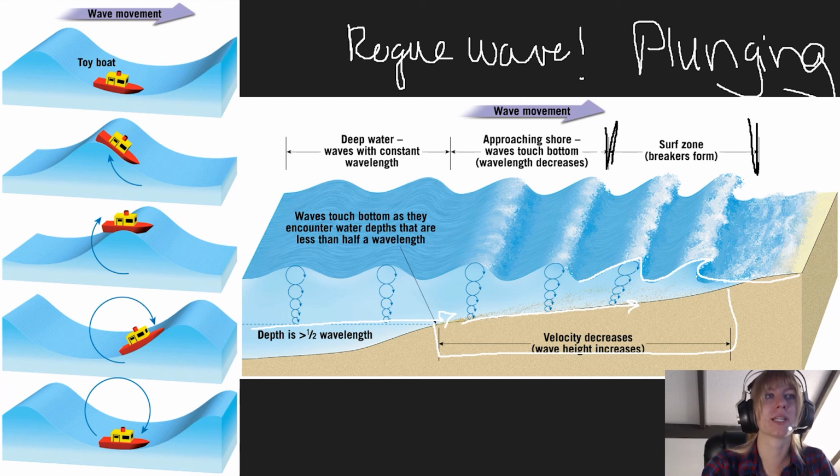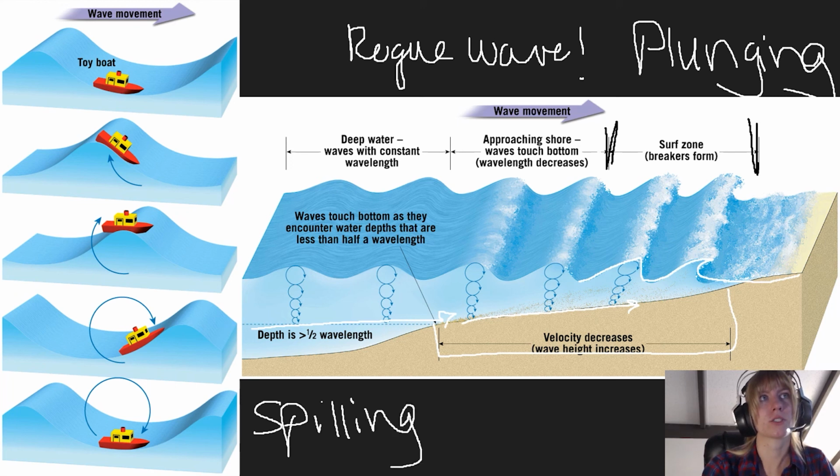Then we have spilling waves. So spilling waves occur on a gradually sloping ocean bottom, like this one. This creates a crest that will slide down the base of the wave as it breaks. So it's pretty gentle. And then we have storm surges. I'm sure we're all familiar with that. Storm surges are a bulge of water driven on the shore due to things like tropical storms and hurricanes.